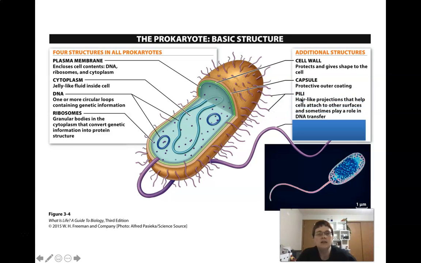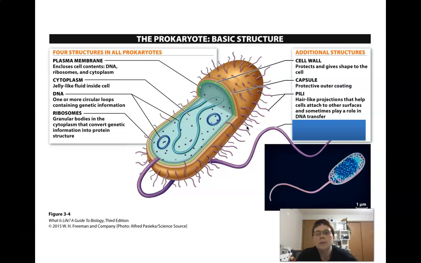Some of them will get these pili. These pili are these kind of hair-like projections. Now they look like hair, but they're not hair. What they're going to do is be used to stick to stuff. So they look like hair, but they work more like Velcro. And so they're going to stick to surfaces and sometimes stick to each other to transfer DNA.